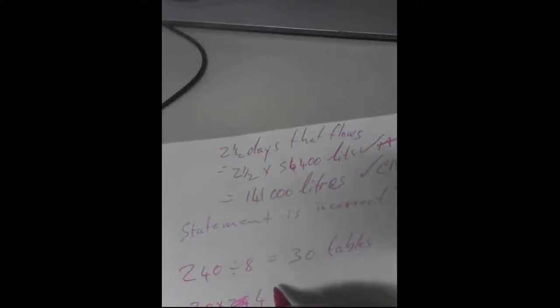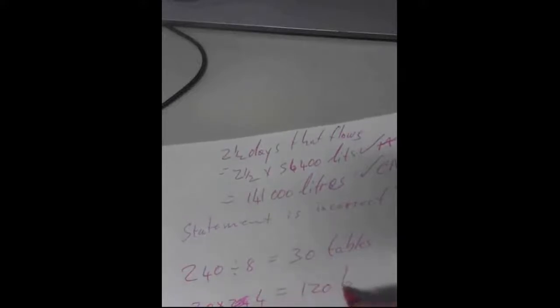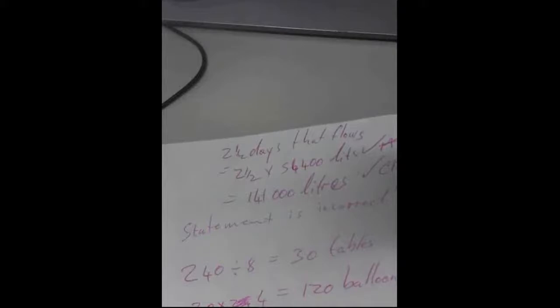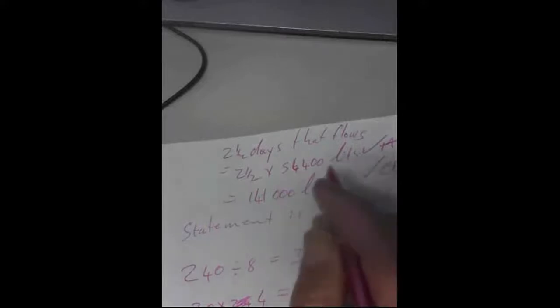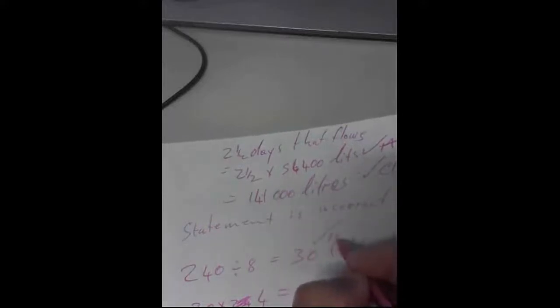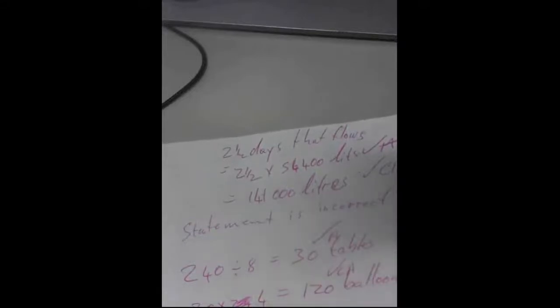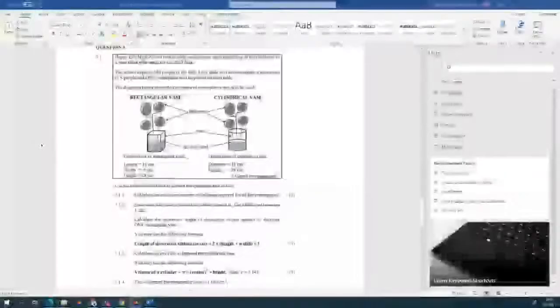There are 4 balloons, 30 tables, and you get 120. So it's 120 balloons. Am I right or wrong? 120 balloons. Yes. And what did you get marks for? You get a mark for that 30, and you get a mark for the 120, a CA answer, that you did there. And that's it.